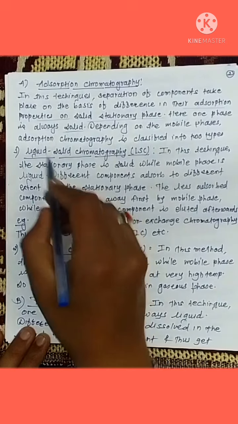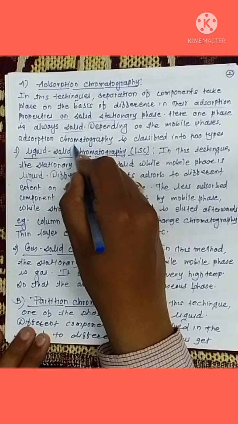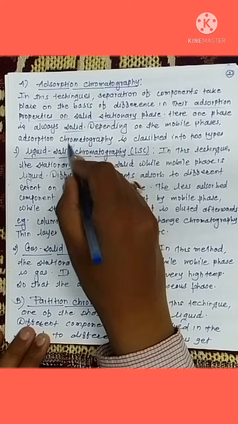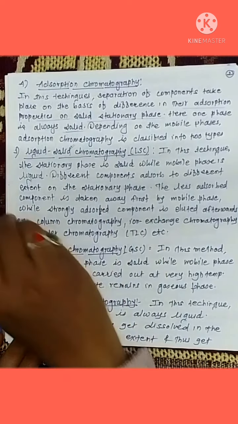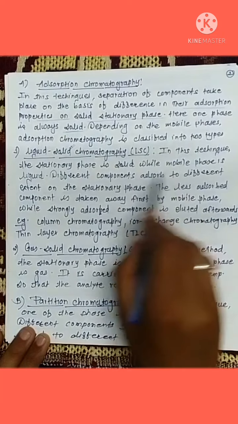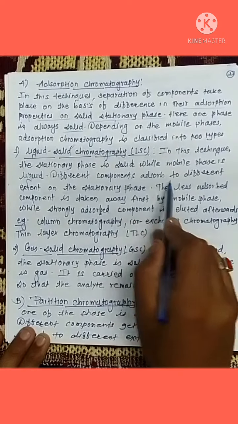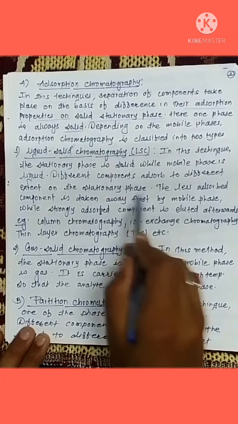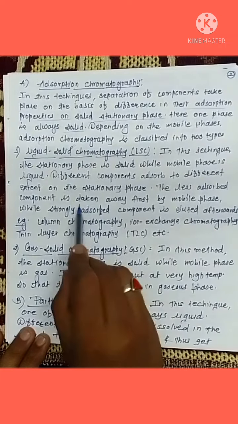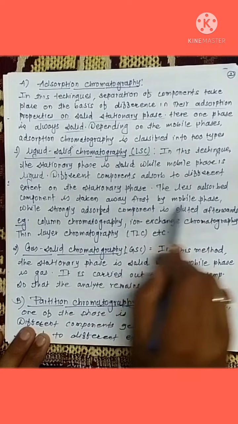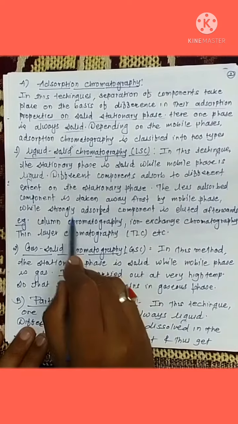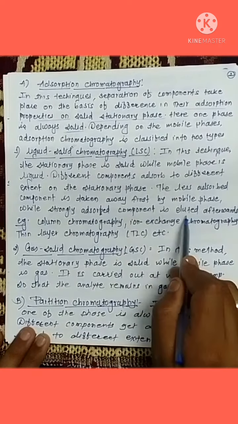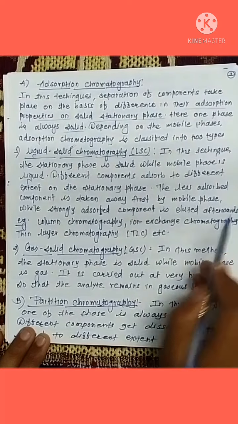Students should note that the stationary phase is always written after the mobile phase. Different components adsorb to different extents on the stationary phase. The less adsorbed component is taken away first by the mobile phase, while the strongly adsorbed component is eluted afterwards.